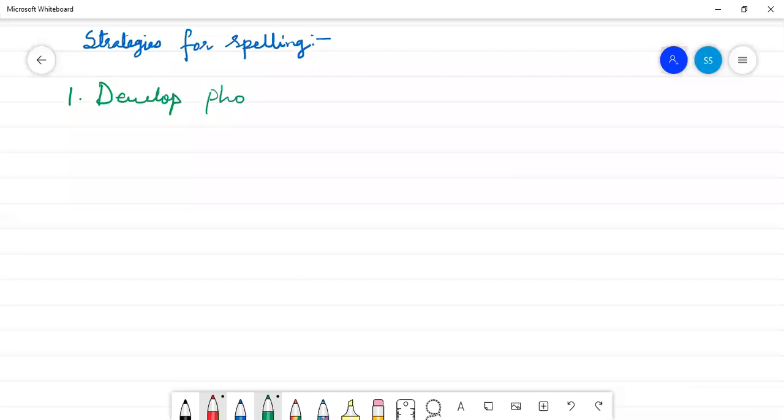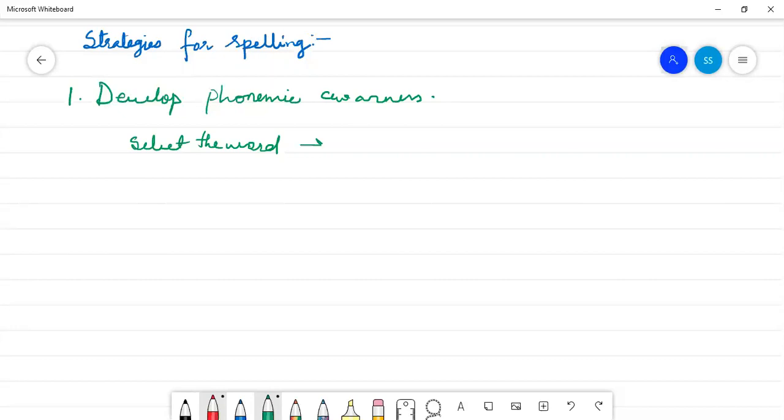We have already discussed this, but still, phonemic awareness is very important. So, develop the phonemic awareness. Here, you have to select the word first, which the child wants, or which you have taken as per your objective, or your expectation.